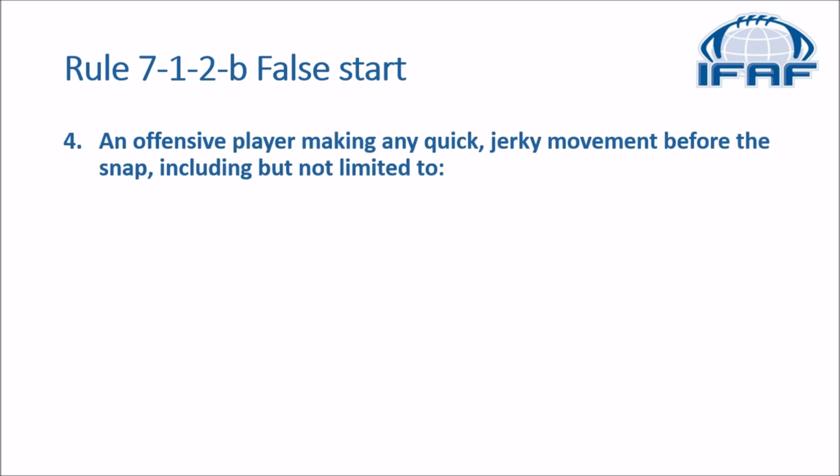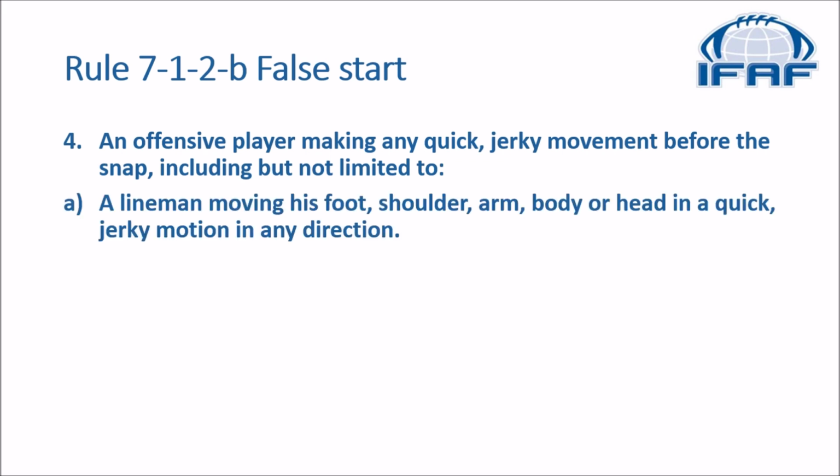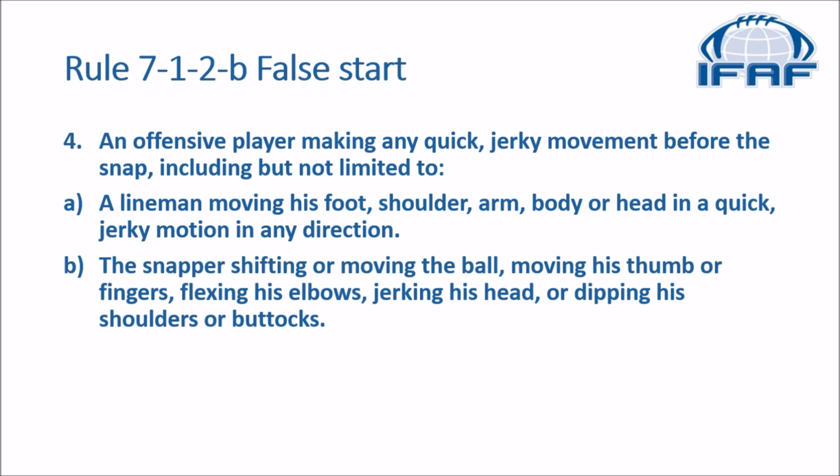And then 4, it is also a false start when an offensive player makes a quick, jerky movement before the snap, included but not limited to A. A lineman moving his foot, shoulder, arm, body, or neck in a quick, jerky motion in any direction. B. The snapper shifting or moving the ball, moving his thumb or fingers, flexing his elbows, jerking his head, or dipping his shoulders or buttocks.